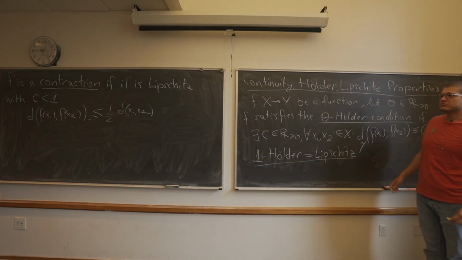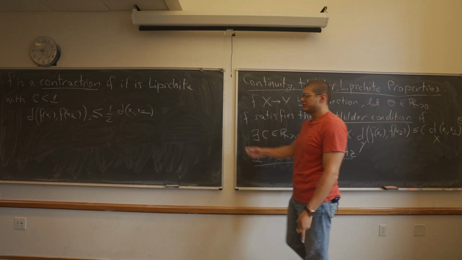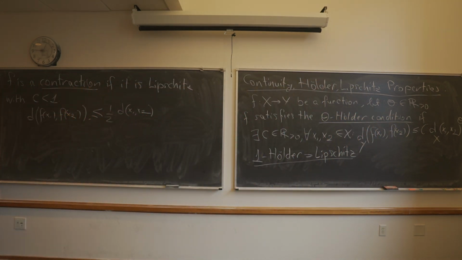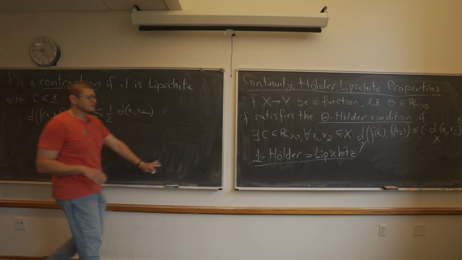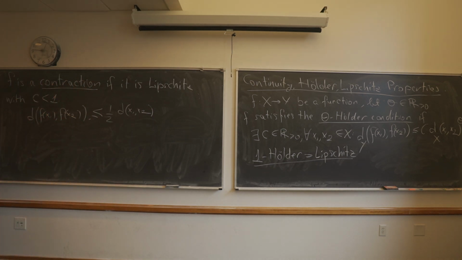Well, why would I call it a contraction? Well, that's because I take 2 points, apply f to them, and somehow the images are closer compared to what I started with. Okay? So that's why I'm thinking about this. I realize that these still don't make that much sense, but at least this should be reasonable.